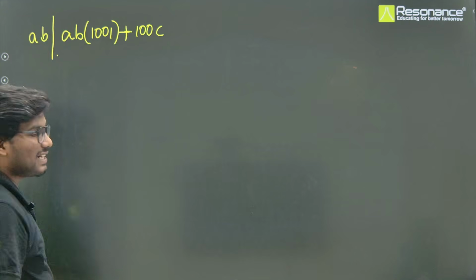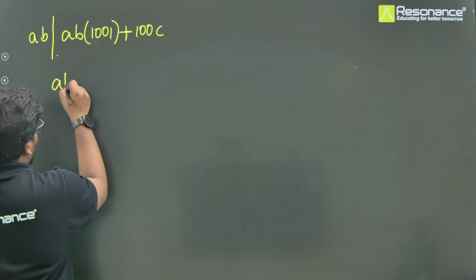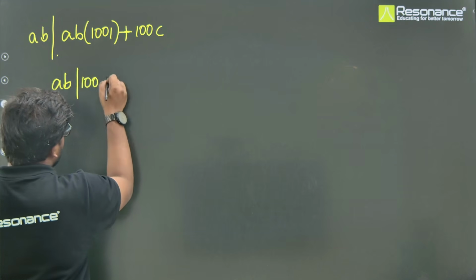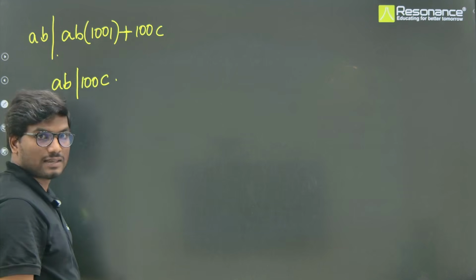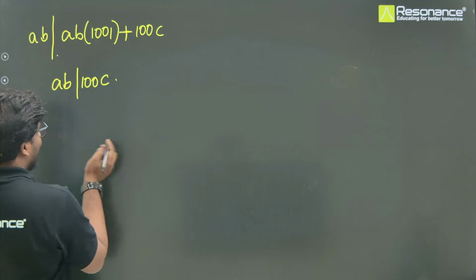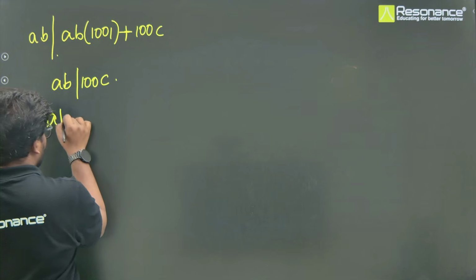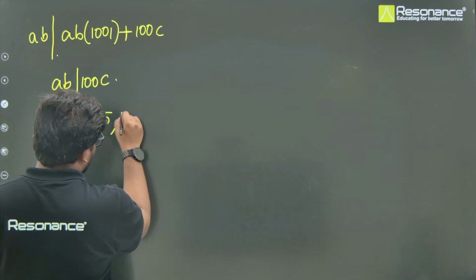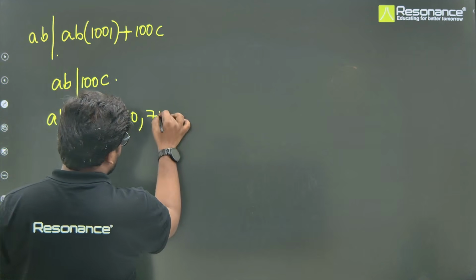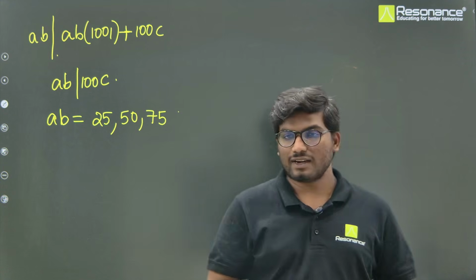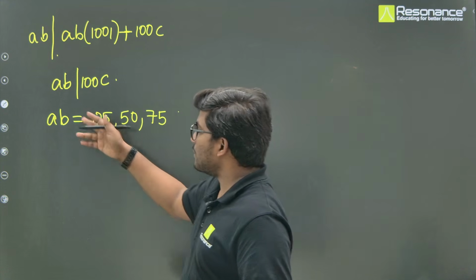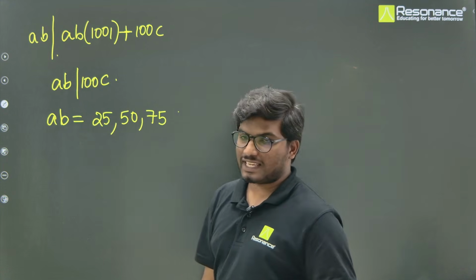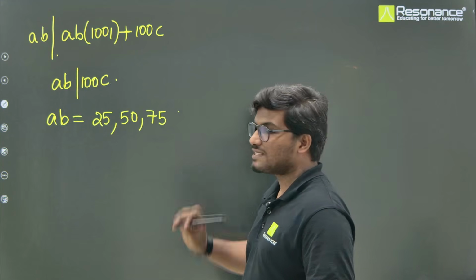Since AB divides this, AB also has to divide 100C. Yes, if AB is dividing 100C, AB could possibly be 25, 50 or 75. That's it, right? The 2-digit numbers that could possibly divide 100C can only be 25, 50 and 75.